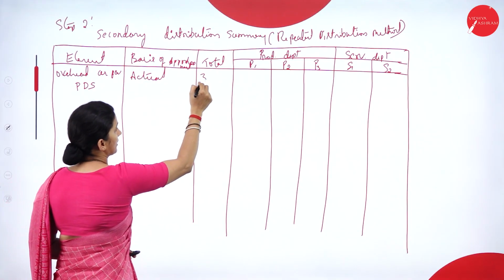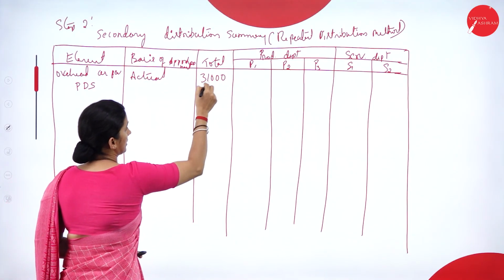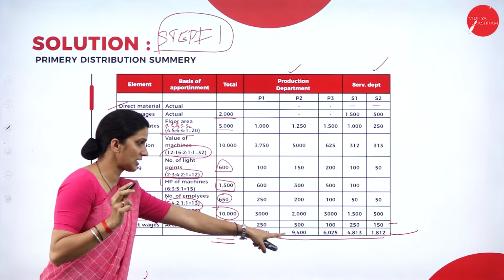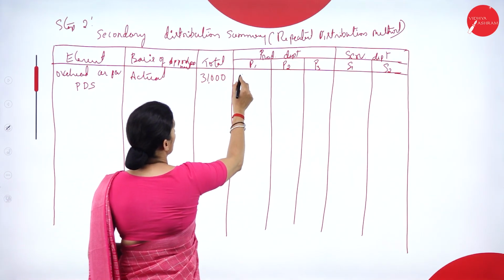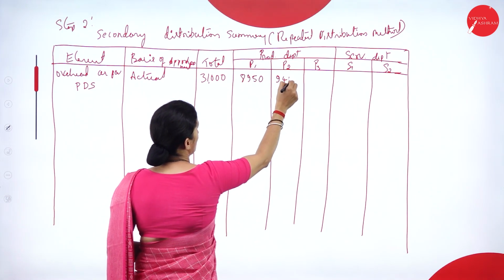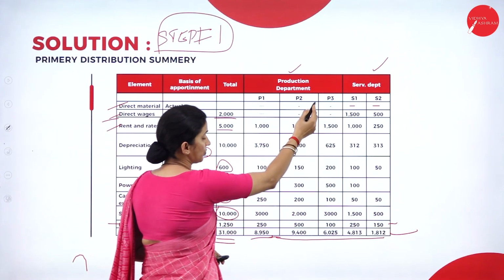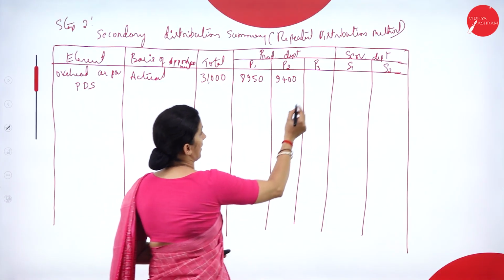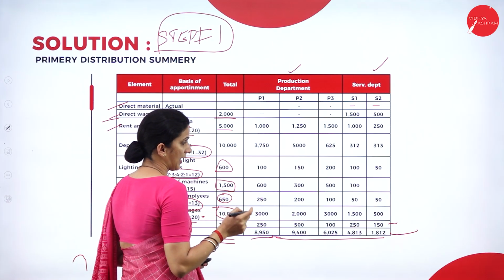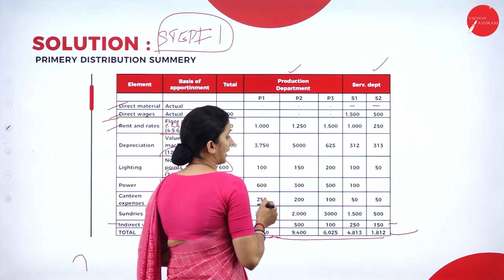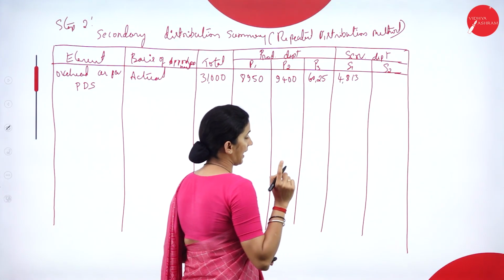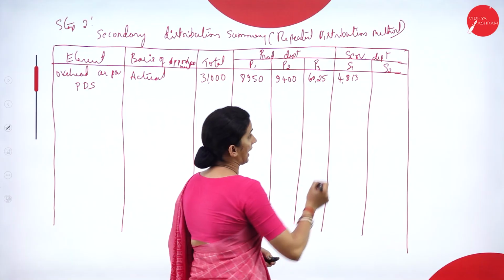So we take 31,000 here. Then department-wise amounts: 8,950 and 9,400, then for P3, 6,025, then 4,813, and for S2, 1,812.